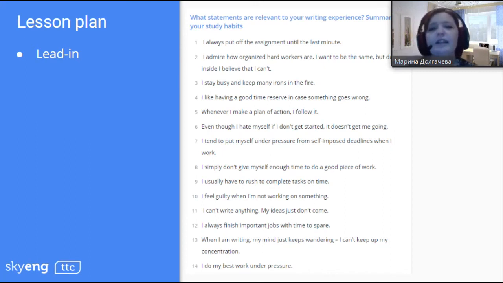In this case, the student is asked to use statements which are relevant to his or her writing experience. That is the moment. It's a kind of needs analysis in this perspective, because you will be able to see what the student is good at or not that good, what needs more practice and improvement.